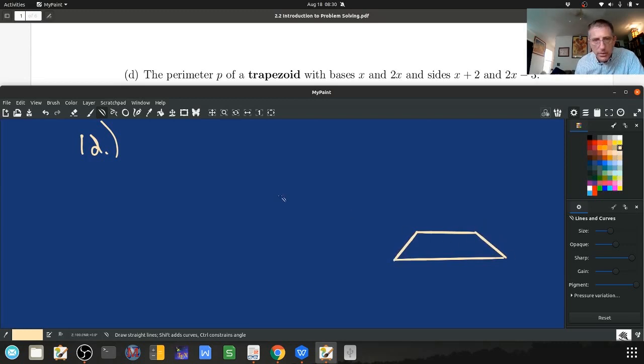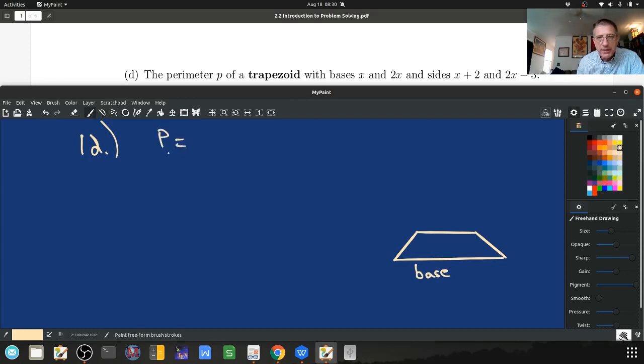So there's a trapezoid, and we'll call the bottom the base. So there's the length. And again, we're talking about the perimeter, P. So here is base 1. We'll say this is base 2. And this we'll say is side 1. And we'll say this is side 2.